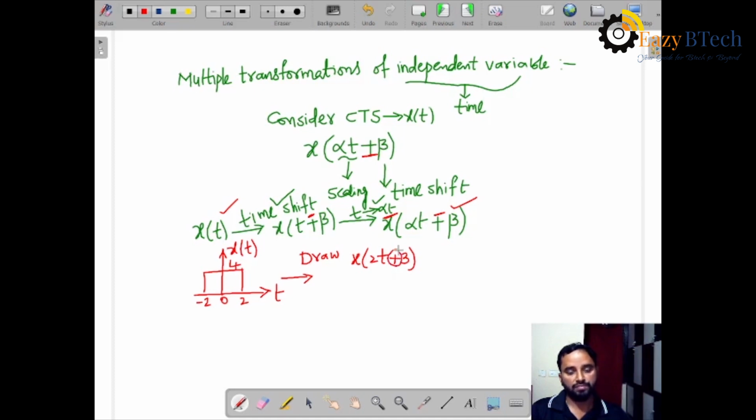We shift x of t 3 units left. That means -2 becomes -5 and +2 becomes -1.